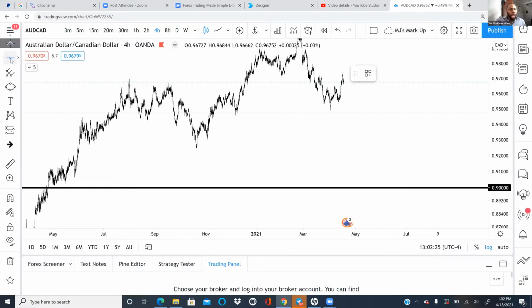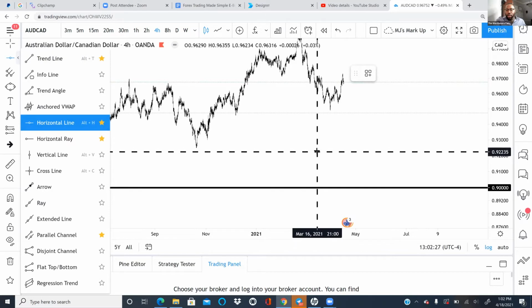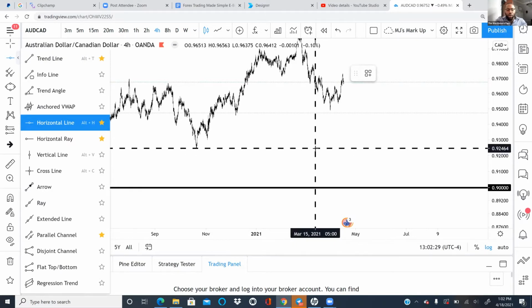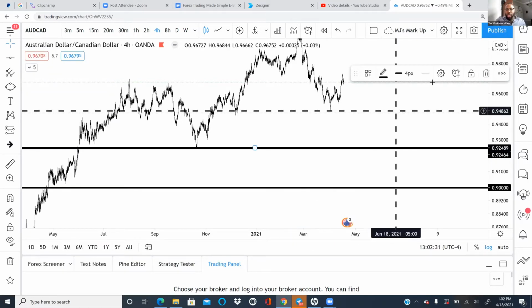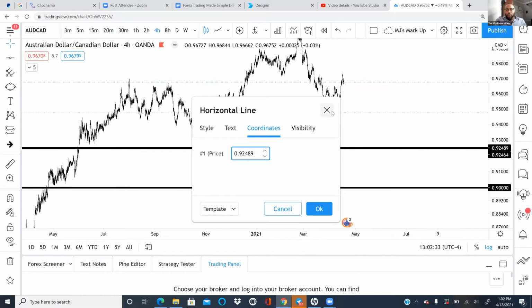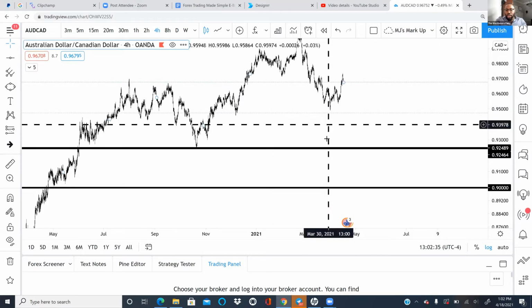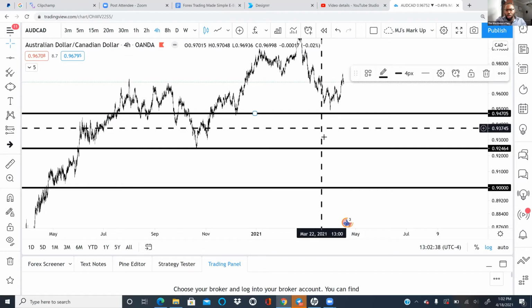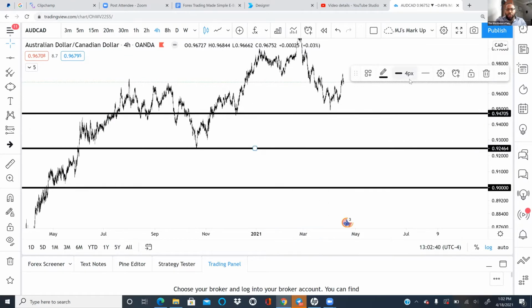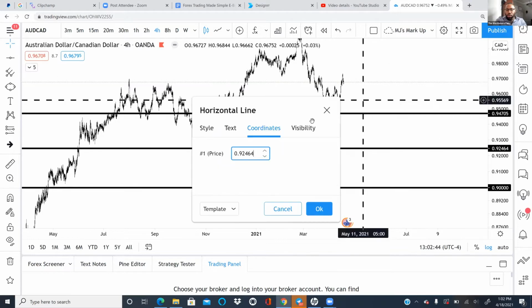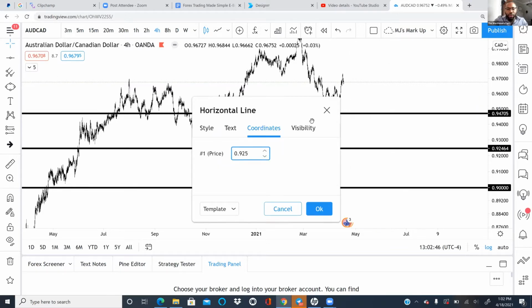So I go back to my horizontal line tool and add my line there at 0.9250. Make that nice and clean. Sometimes when I click the button, it gives me two lines, but it's all good. We'll use that. 0.9250 will be a quarter level. Boom. 250 pip range.